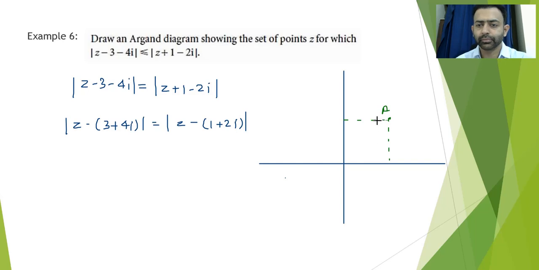The second point is z minus of minus 1 plus 2i, so there is another point which is minus 1 plus 2i. Minus 1 is here, plus 2i is here. So this point is B, which is of minus 1 and 2 type. So now I can join this A and B.